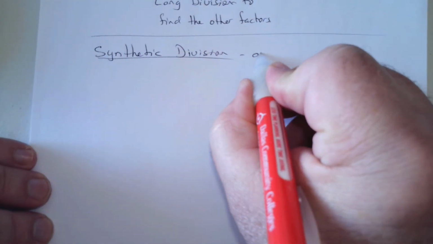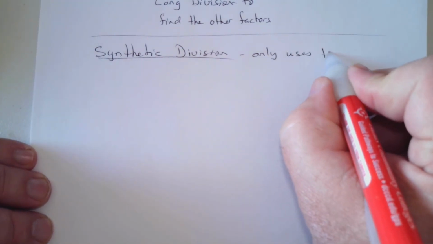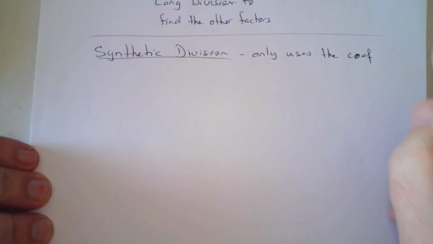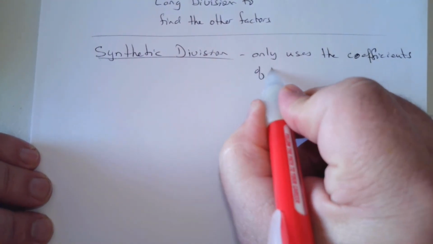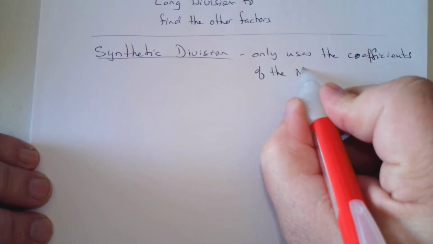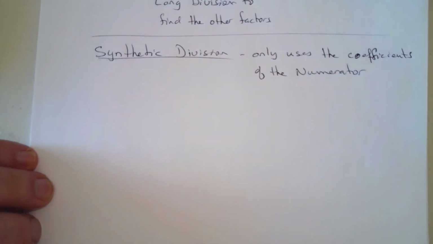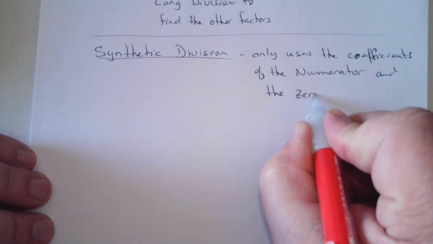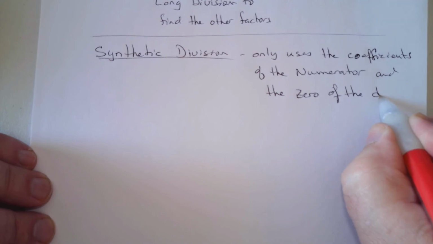Synthetic division only uses the coefficients of the numerator and the 0 of the denominator.